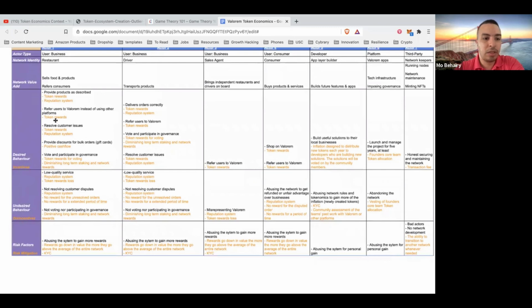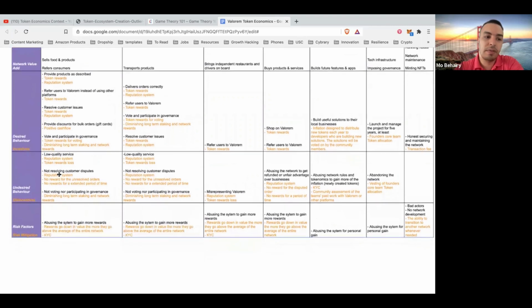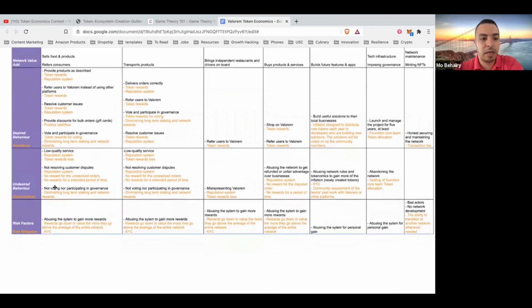And for each desired behavior, there's a way to incentivize it. For undesired behaviors too, for example, we don't want the restaurants to provide low quality service or not resolve customers' disputes. This is very important. What if the customer just doesn't like their food? In a decentralized system, maybe the restaurant can just say, do whatever you want, I'm not going to solve your problem. We don't want this.